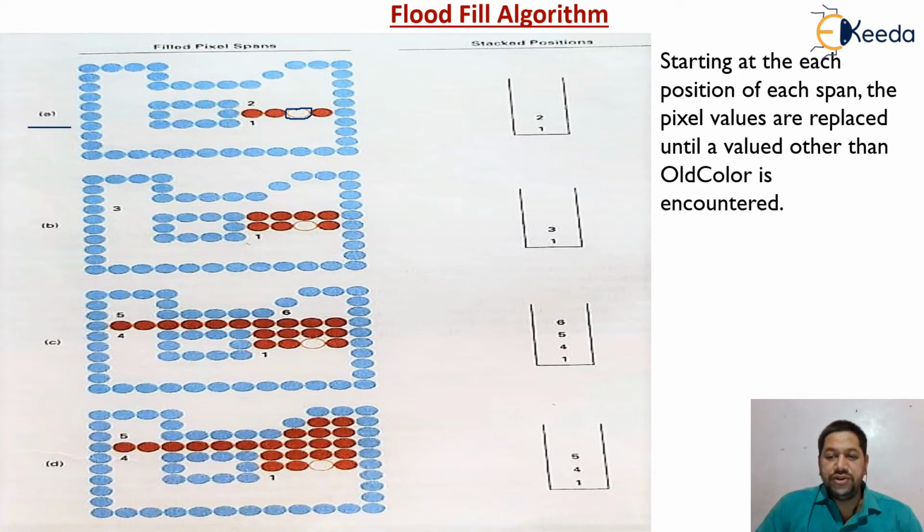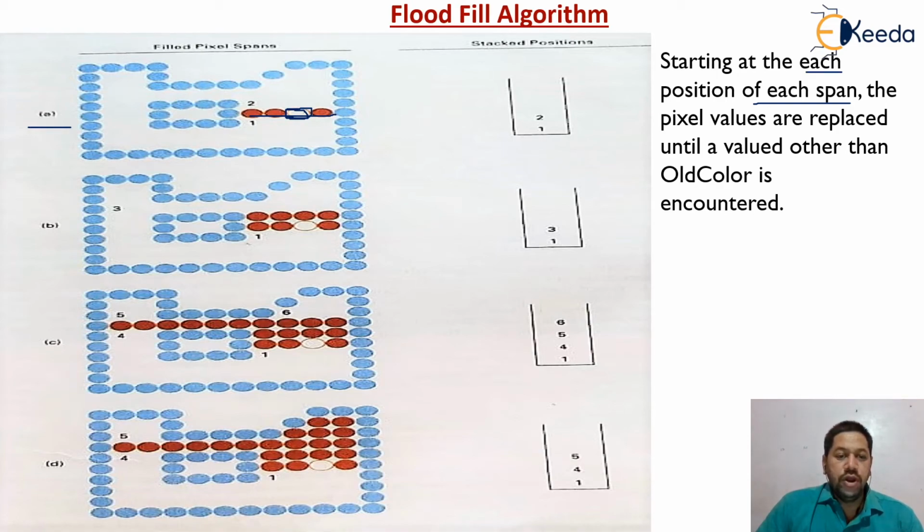We start at the starting position of each span. In diagram A, you can find this blank pixel, the pixel having the background value, is my starting position. Once I get the starting position, I consider the complete horizontal span over here.